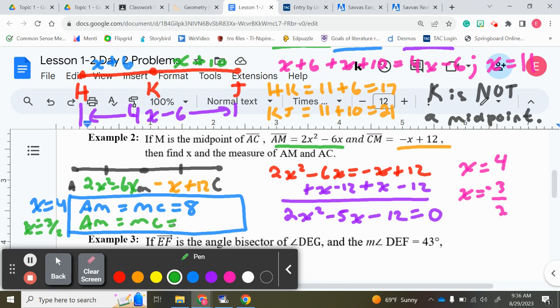It is not 4.5 for the other one. I'll show you why in a minute. But it is 13.5. Let me show you guys the appropriate way to use your calculator.